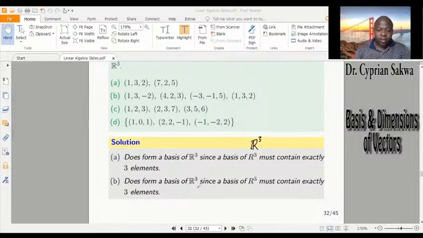B also does not form a basis of R3, since a basis of R3 must contain exactly 3 elements, but this has 4. So you can see what will disqualify A and B. Since C and D have 3 vectors, we need to find out whether they are linearly independent and whether they span R3 for them to form a basis.